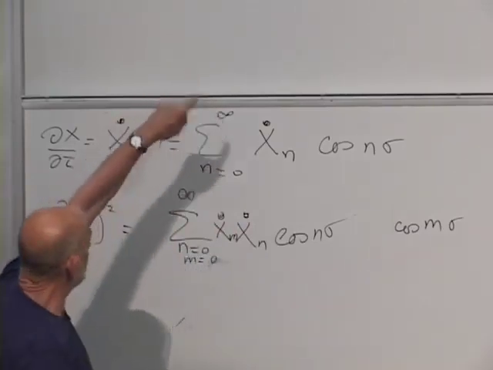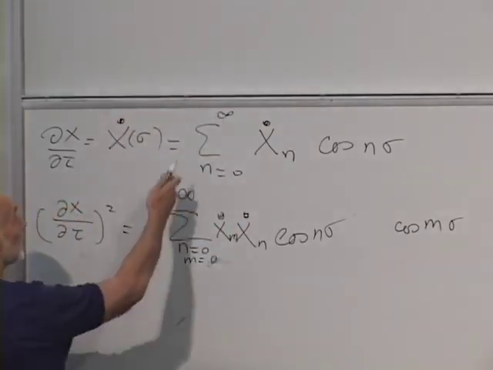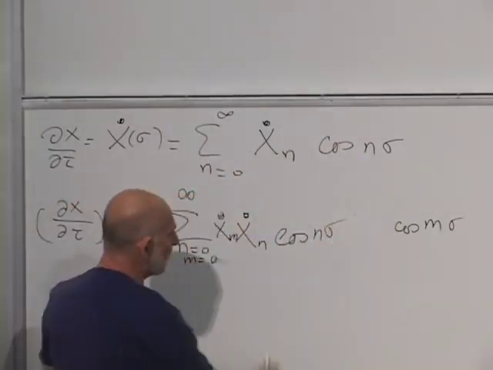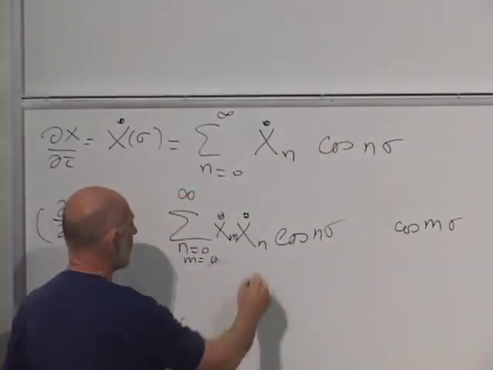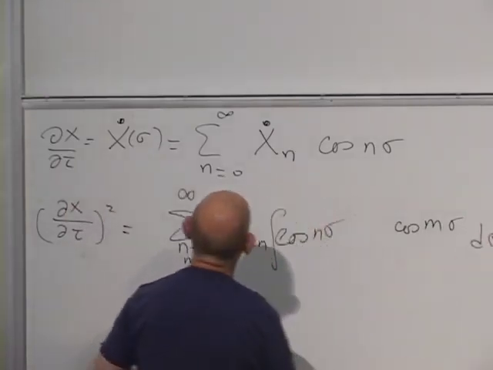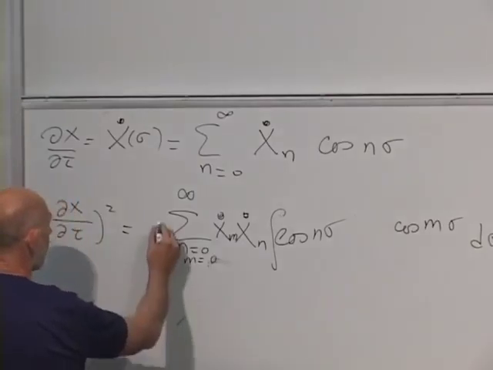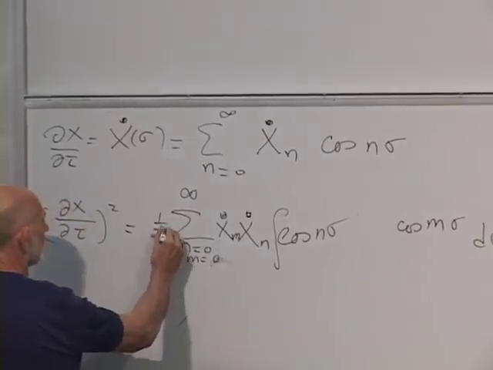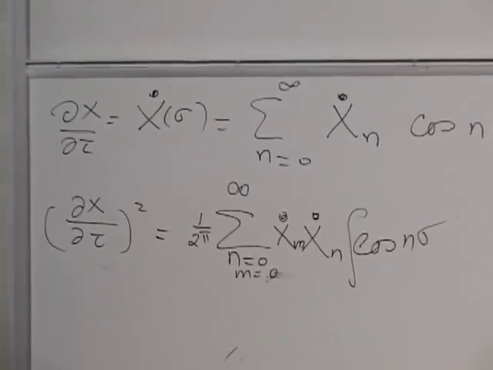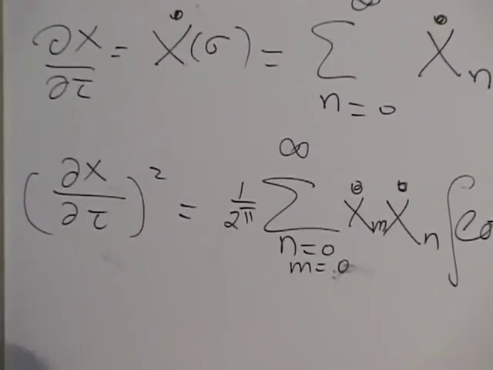But now we're also instructed to integrate it over sigma, integral d sigma. The only sigma dependence is in these cosines, so we can bring the integral over to here, d sigma, and the last step is to multiply by 1 over 2 pi. The 1 over 2 pi is a convention. It's a convenient convention. Okay?